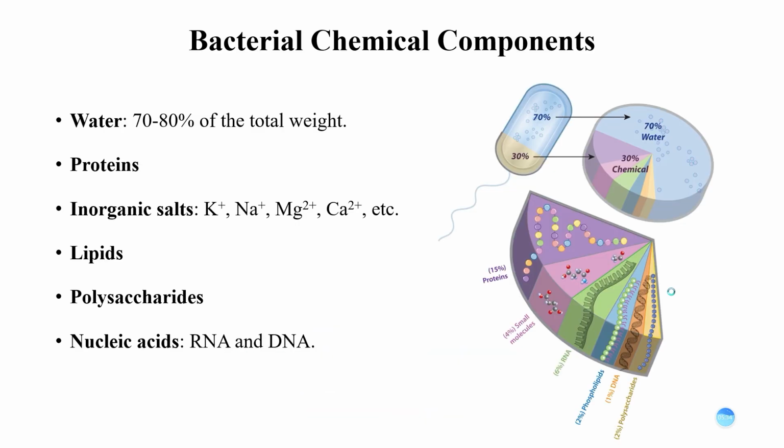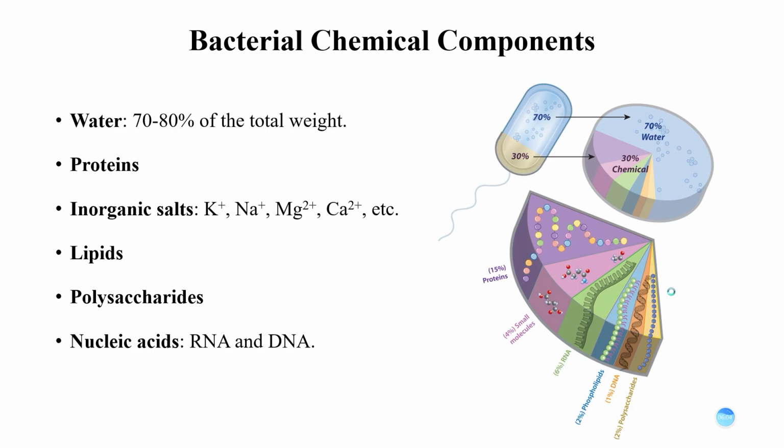Okay, first we want to know the chemical components in bacterial cells. And here you can see that within the bacterial cell, over 70% of the total weight is just water. It's not surprising, right? Because even in human cells, we have about 70% water in our cells.